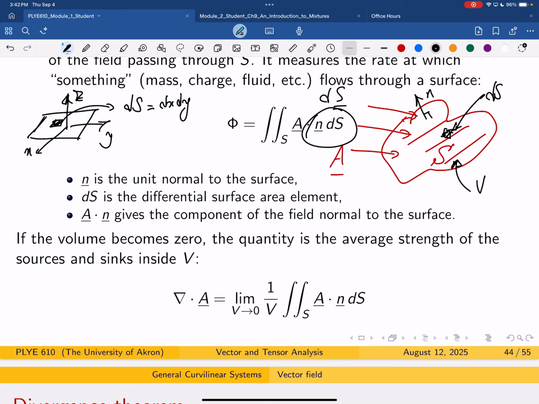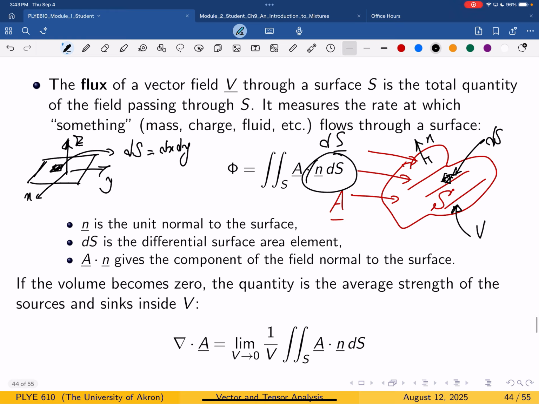For that case, we can show that if I calculate the divergence of A, so this is now called divergence, basically a dot product of the del operator with your vector, that equals the limiting flux that you are going to get. It is very important.